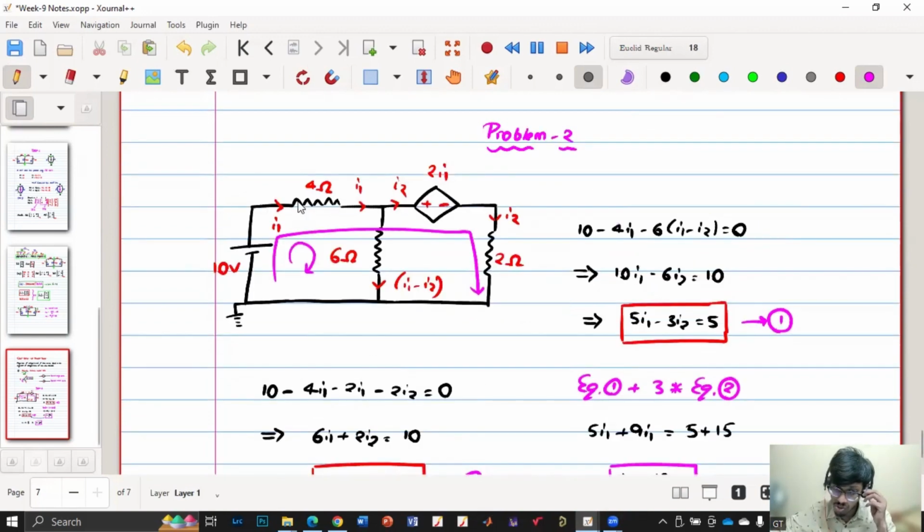But there is one issue with the dependent sources when it comes to Thevenin's theorem. So we'll discuss that one.